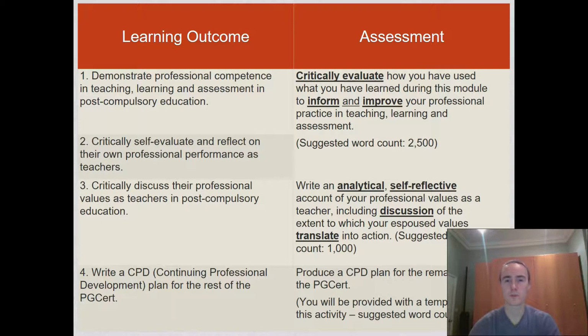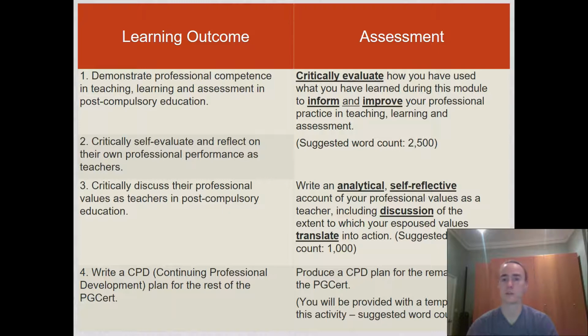Now, mainly if we talk about the main essay, you've obviously got this big and daunting word about critical evaluation, which really is just making a value judgment about how good something is, to evaluate its worth, and specifically evaluating your performance as a teacher.